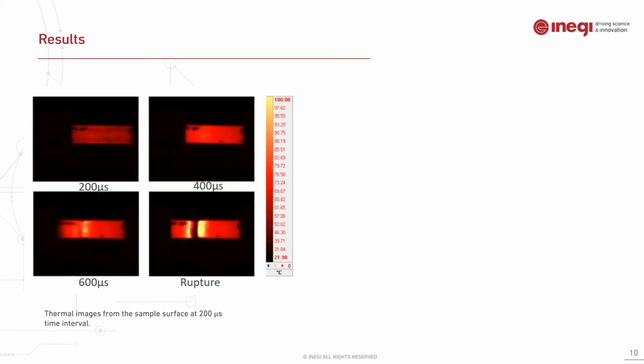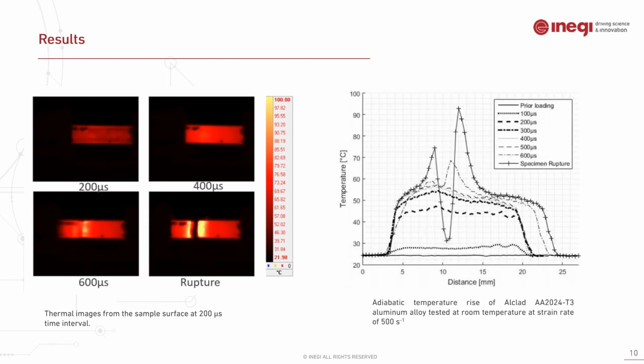Using infrared thermography, we measure the thermal radiation emitted from the surface of the test sample. The temperature distribution of the specimen is shown within the 200 microsecond interval on the left. On the right, we quantify the adiabatic temperature rise of the specimen impacted at a strain rate of 500.